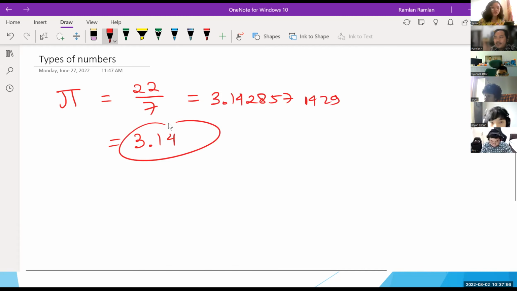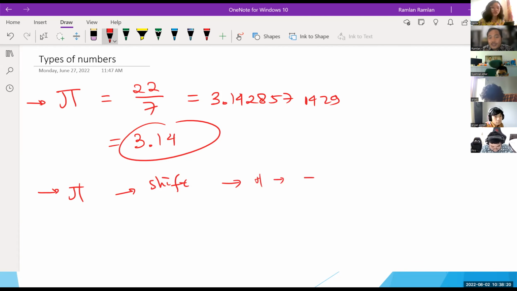But I would like you to also use the calculator and press the pi. Can you see the pi on your calculator? You have to press the shift button and then press the one on the bottom, in the middle of the bottom row.